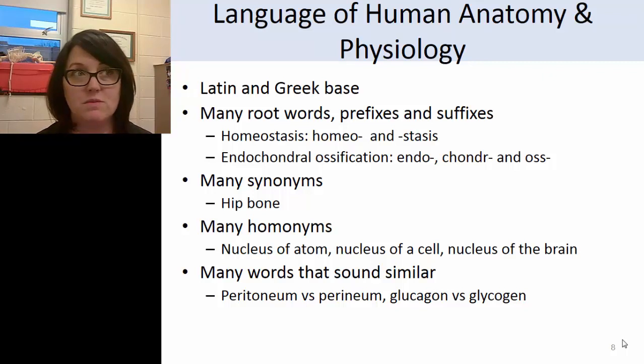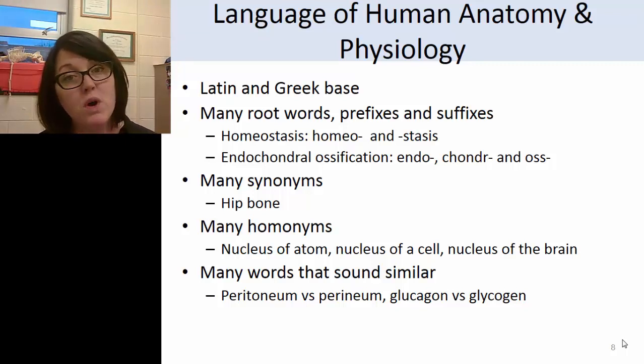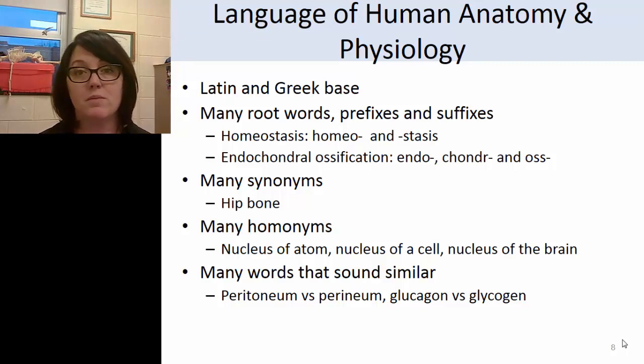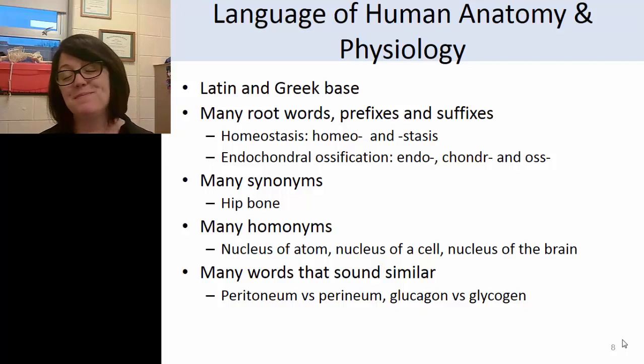So sometimes this really is a pain in the neck for students because obviously it would be a lot easier just to learn one term for something, but sometimes there are multiple synonyms. And usually I'll let you know when there are multiple synonyms, but I'll tell you which one we use regionally.